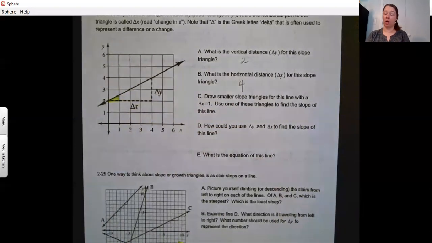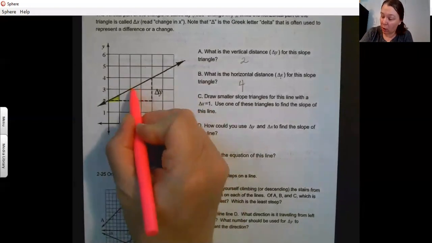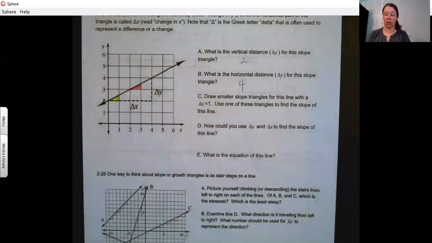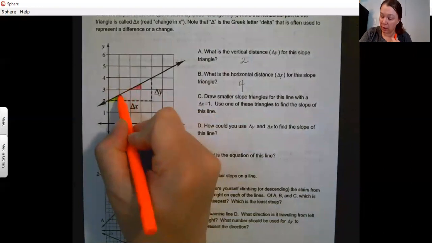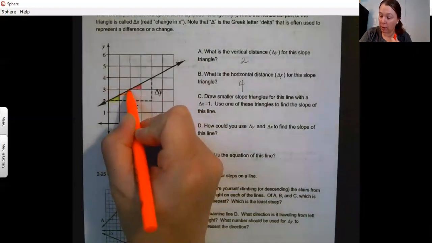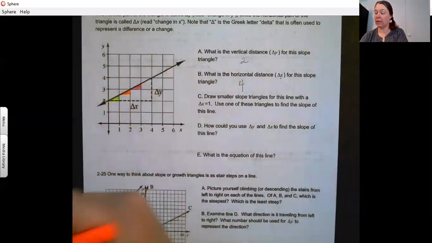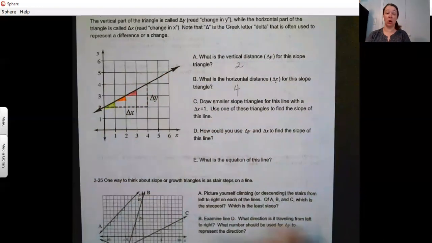I want to draw slope triangles where the change is 1. I could draw another one from this point, go 1 unit, and have this little slope triangle. I could start here and go 1 unit, and draw this one, and I could do that all along here. So what it's asking us to do now is find the slope.